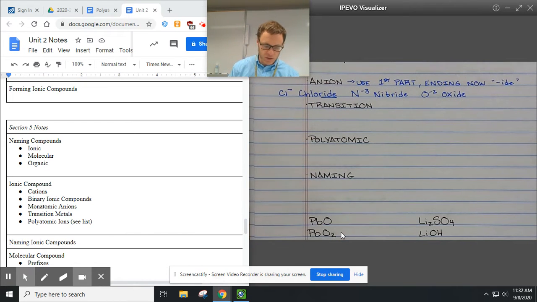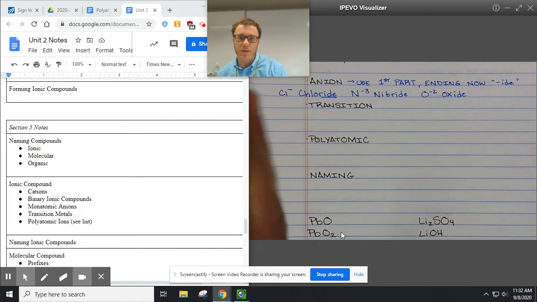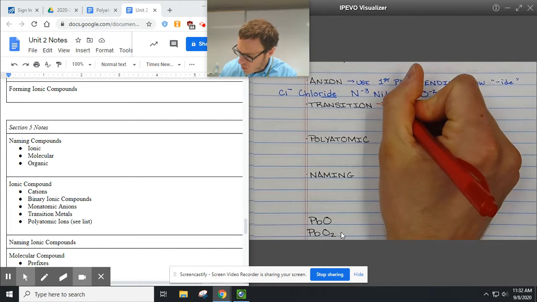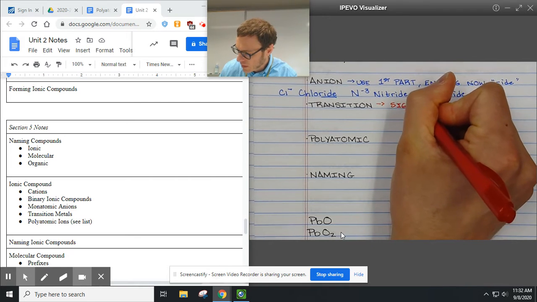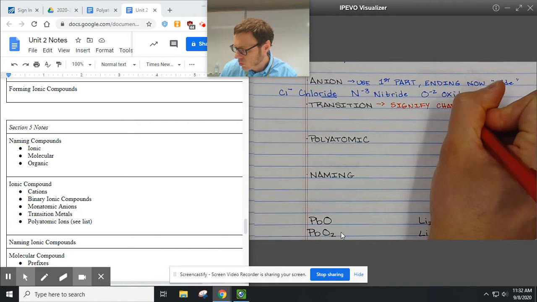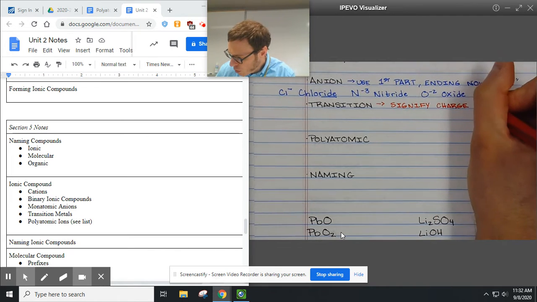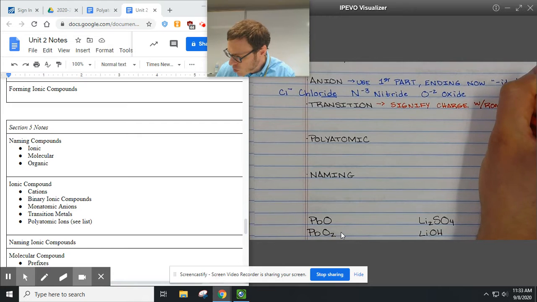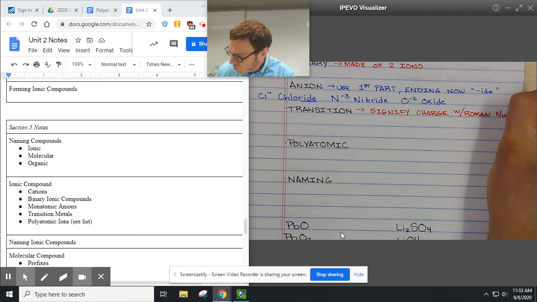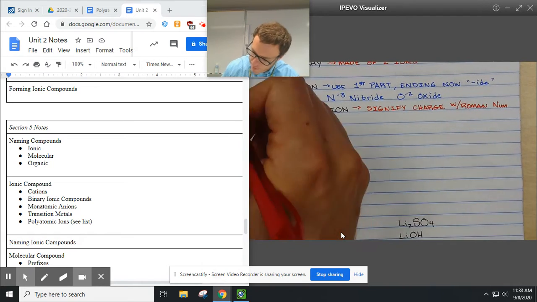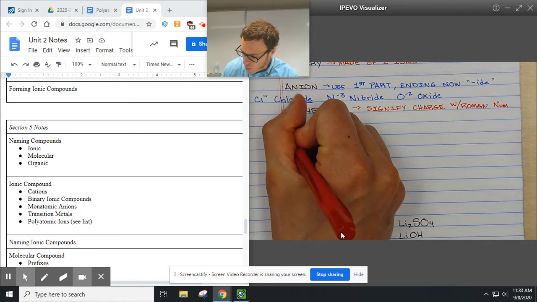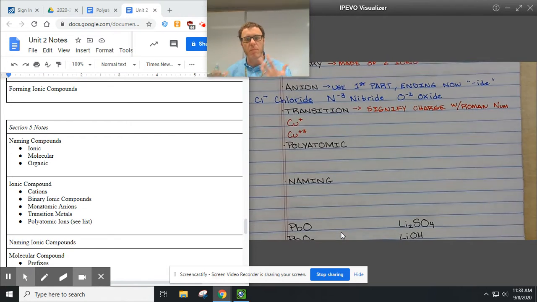Now, transition metals, this is kind of fun because transition metals can have multiple charges. We have to signify that. So with transition metals, we signify charge with Roman numerals. All right, so here I have, we could use Cu plus 1 or Cu plus 2 because copper can be both, right?